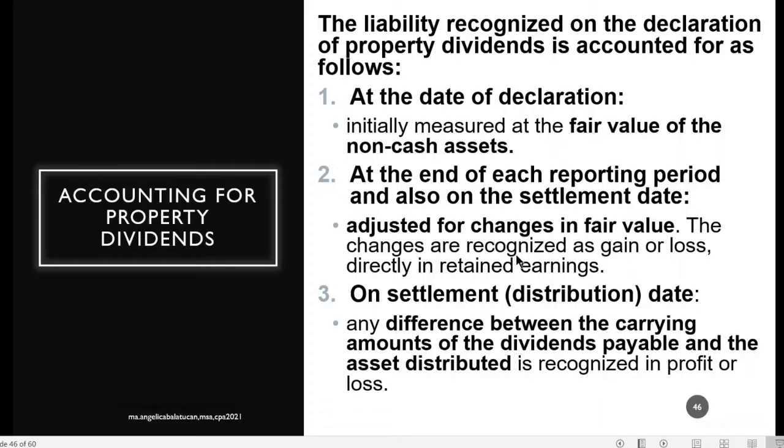The changes here will be recognized as gain or loss directly in the retained earnings. And on the settlement date or the distribution date, any difference between the carrying amount of the dividends payable and the asset distributed is recognized in the profit or loss.